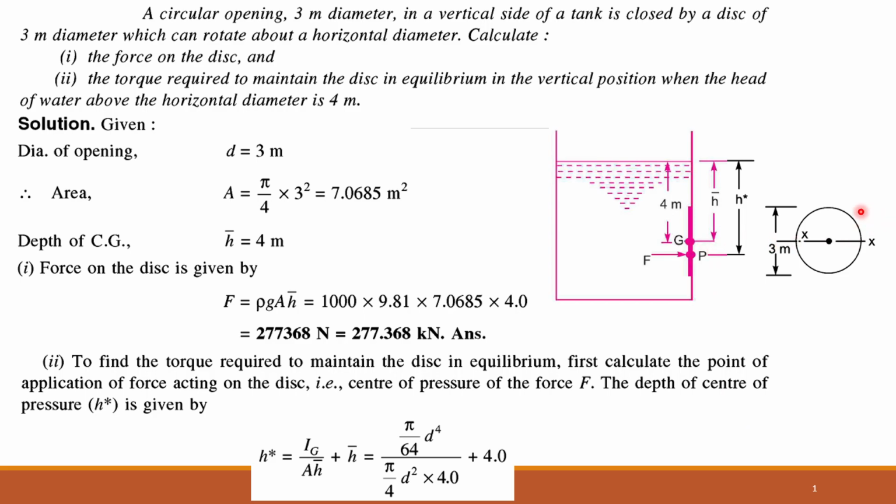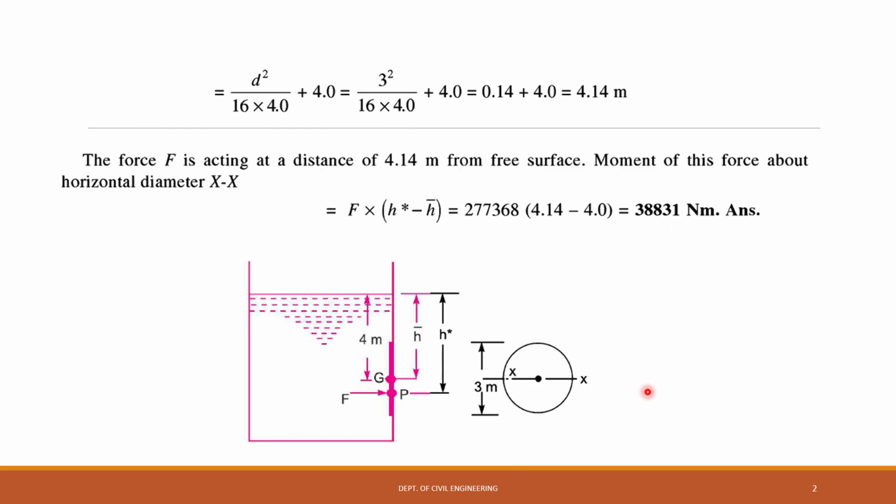We know that this is a circular disc. So for a circle, the formula for Ig is pi d raised to 4 by 64. So that formula is substituted over here. Area is known, h bar is known. Substitute all the values and you will be getting the value of h star as 4.14. So you got the value of h star.